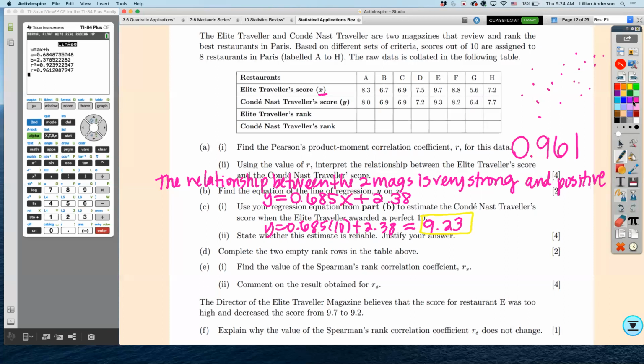Even though they're close, the largest X value was 9.7. 10 is larger than 9.7. So even though it's very close, our regression line was based off of the fact that the highest score was 9.7. So 10 is actually outside of my data values, outside of that range. And so it's actually an extrapolation. So it's not reliable.